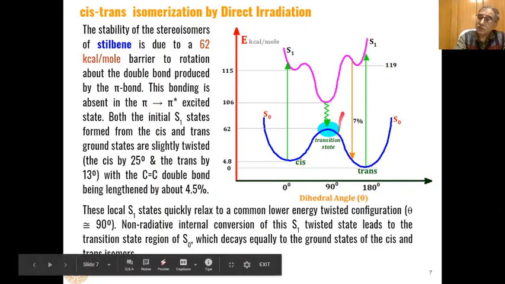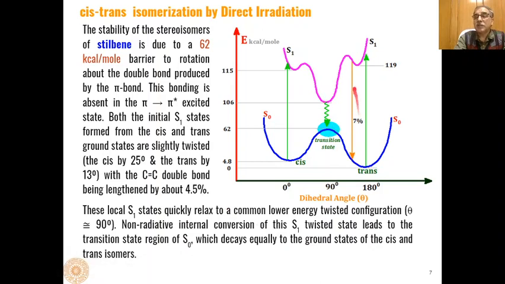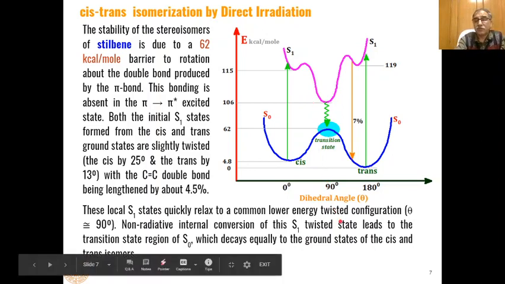Based on this diagram, we can tell that 7% of the trans isomer will be formed and 93% of the cis isomer will be formed in the photochemical reaction.